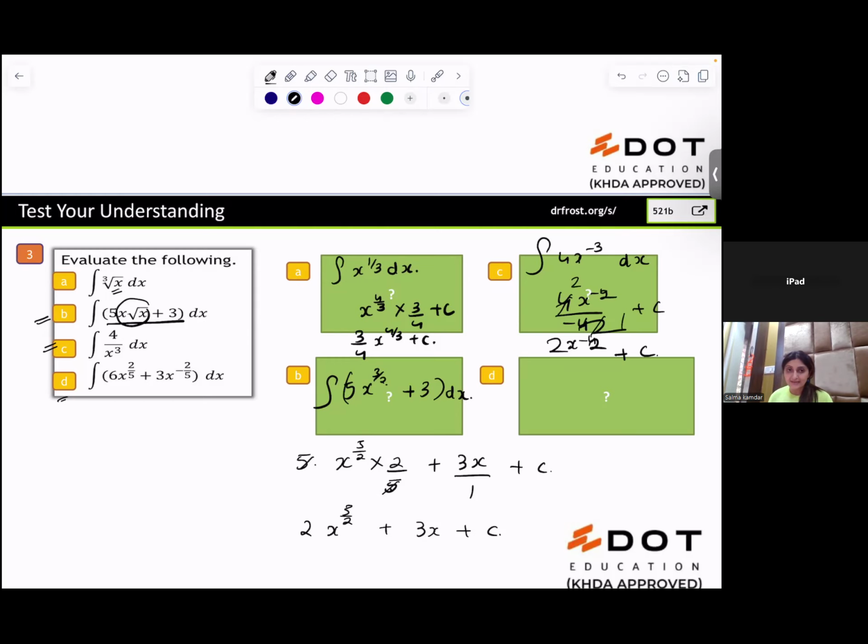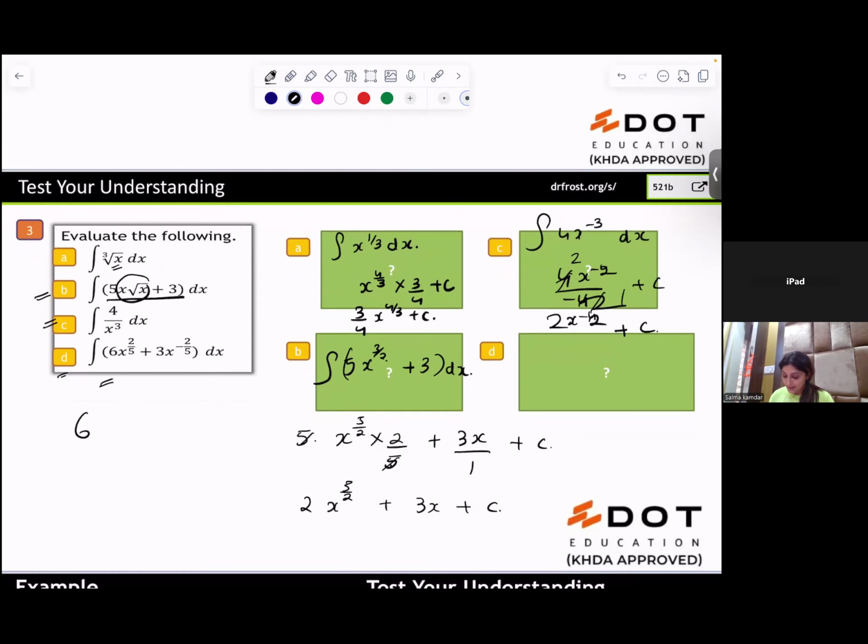The last one, it's already in the index form. Add 1 to the power. So this is going to become x raised to 7 by 5, divided by the new power.